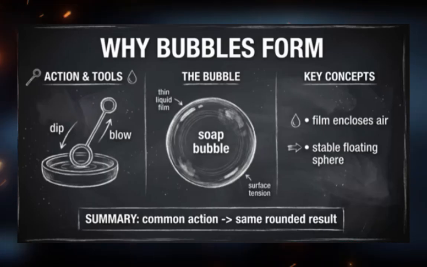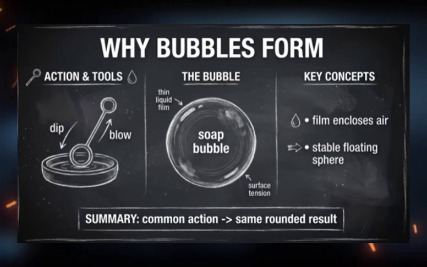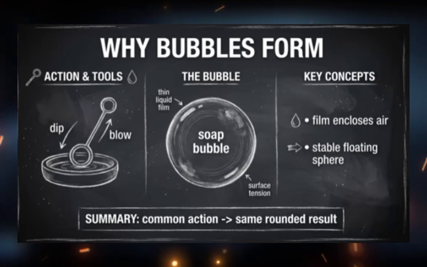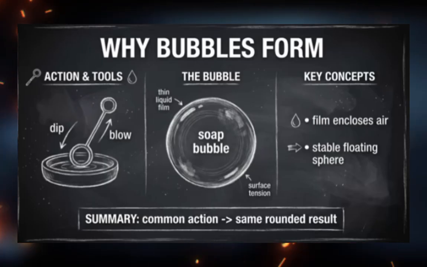You dip the frame. You pull it out. And at first, the film is messy. It's attached to everything, forming closed bubbles and extra surfaces between the plates. You blow gently on the excess film, or pop it with a dry finger. And then, as the extra surfaces are removed, the remaining film snaps into position.